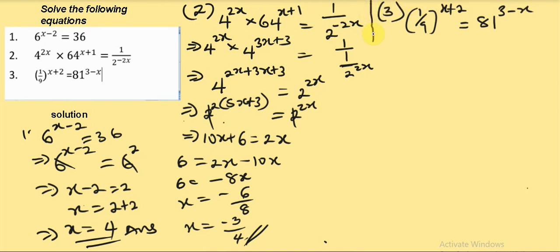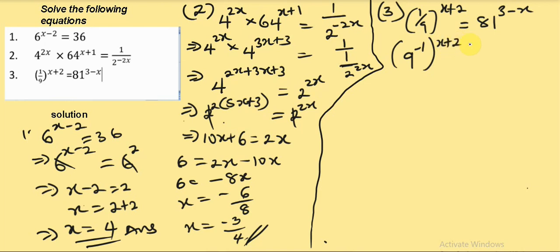So to solve this exponential equation or index equation, I'll have to make this fraction like this, 9 raised to the power of minus 1, because you know that when I remove this minus sign, I'm going to have this back. This and this are the same in indices.